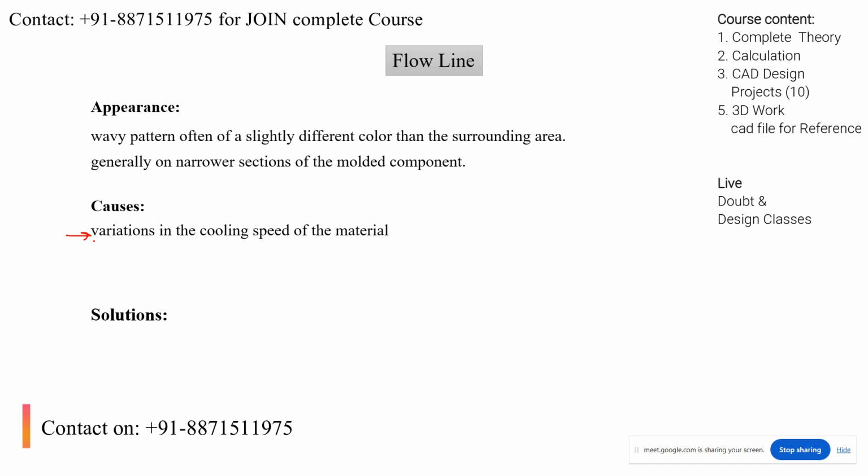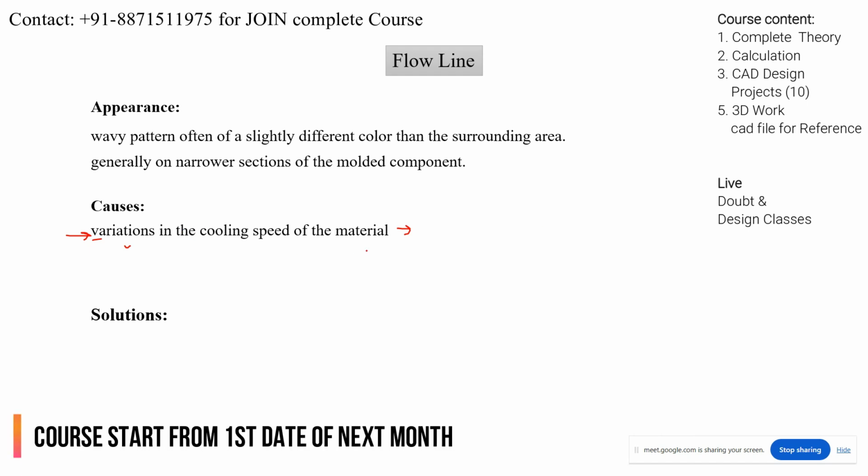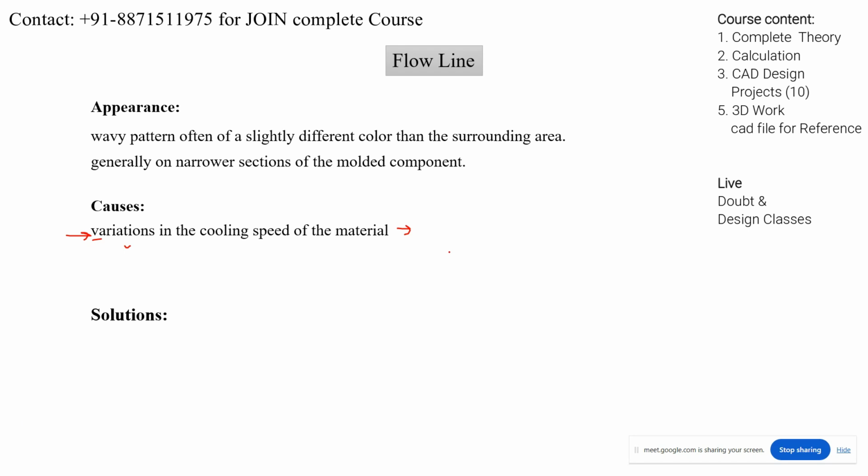How can it happen, or how can it occur during the molding process, that variation in the cooling speed of the material? How will it occur in the molding process? I am asking you.